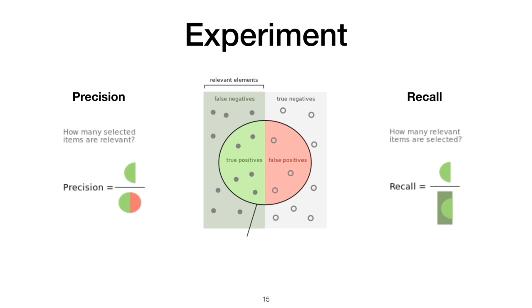You can treat precision as a measure of quality or exactness, and recall as a measure of quantity or completeness. Our experiment will illustrate the interpolated precision-recall curve and max F1 plots of different metric functions.